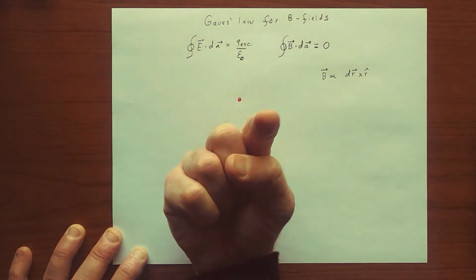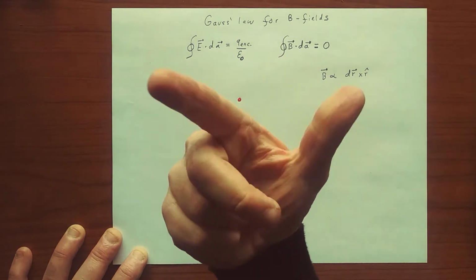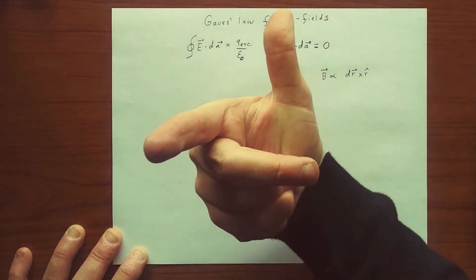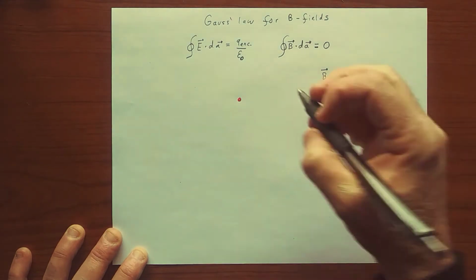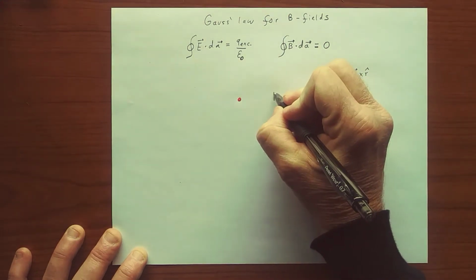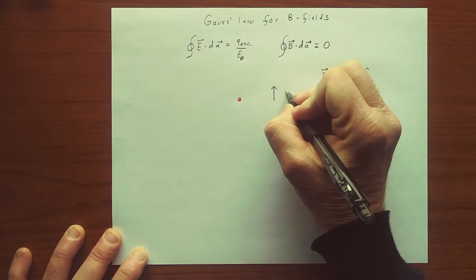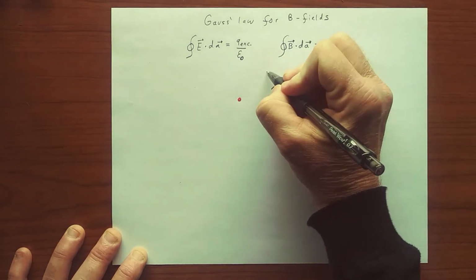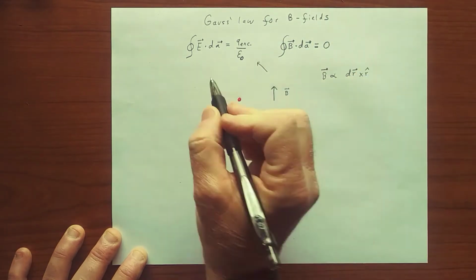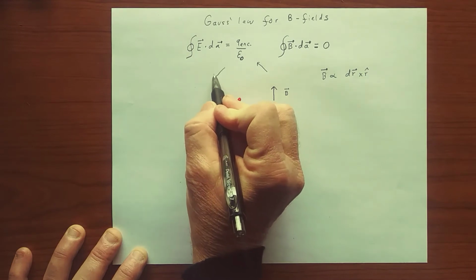And so dl is pointing out, and let's say we want the field to the right, then this tells us that the field there is pointing this way. So that's the direction of the magnetic field. The magnetic field is circling around. It's doing something like that.